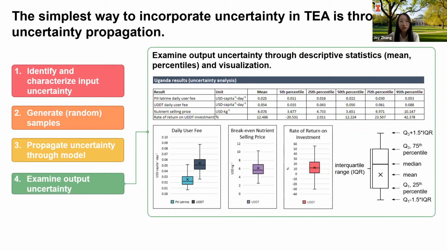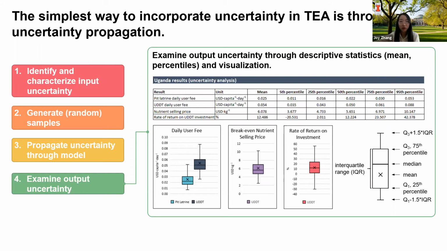The most commonly used ones are mean values, percentiles, and standard deviations, for example. Another option is to visualize this empirical output distribution. Boxplots are one of the most commonly used ones, and here I also put down the common interpretation of a box plot.